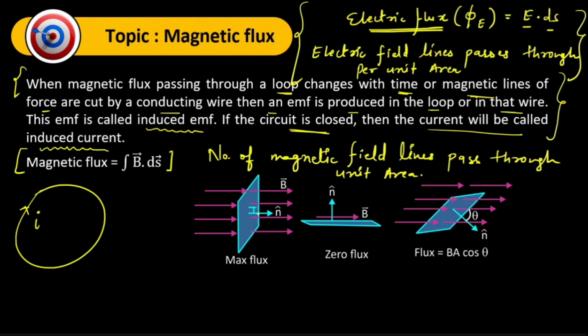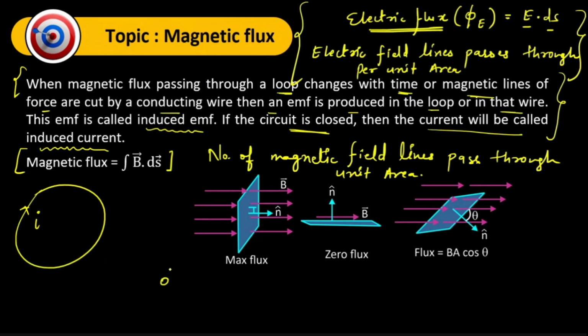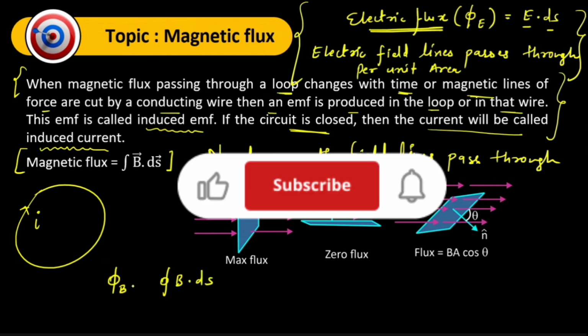The area vector is represented by n cap, and the field vector is represented by B vector. If they are both in the same direction, there must be some magnetic flux. That magnetic flux is given by the closed loop integration of B dot ds.